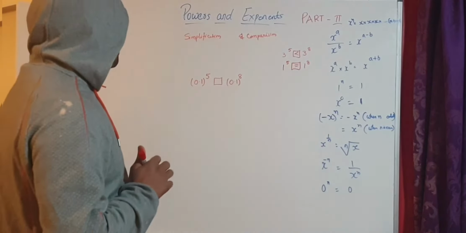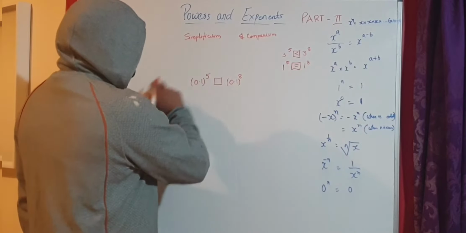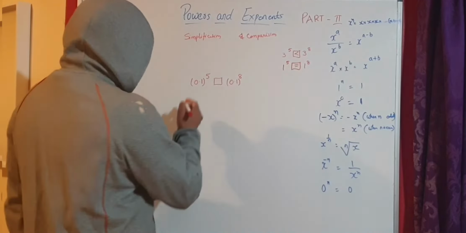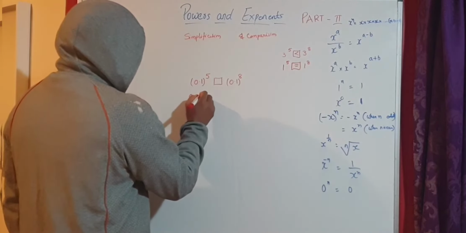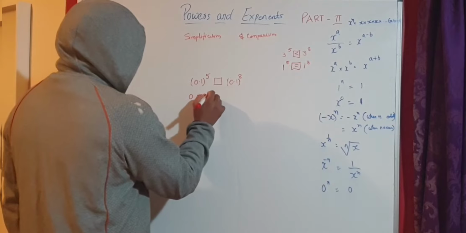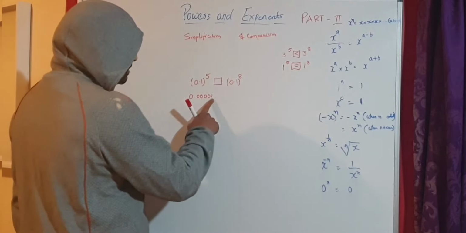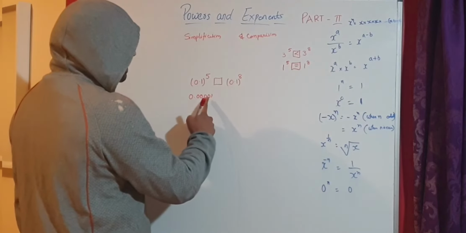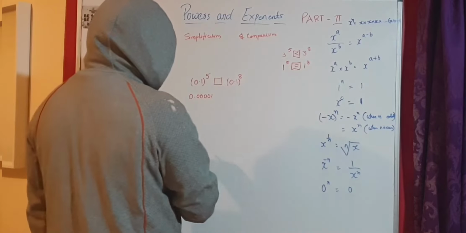Yeah, it's very tricky. Okay, so if you evaluate this one, you can use your calculator, or you can simply multiply it. So you get 0.00001 here on the left side, because its power is 5, and you have to put the decimal point after 5 places from the right.